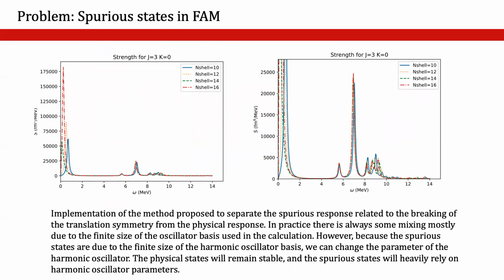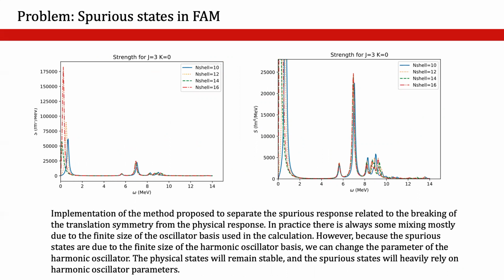We have implemented some methods to separate the spurious response related to the breaking of translation symmetry from the physical response. But in practical calculations, there is always some mixing due to the finite size of the oscillator basis.